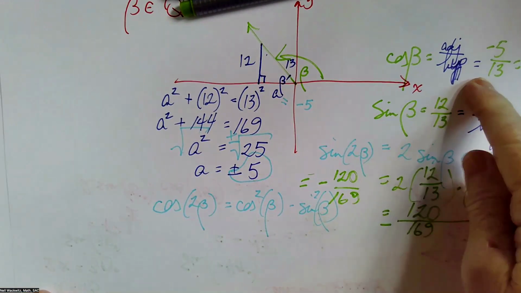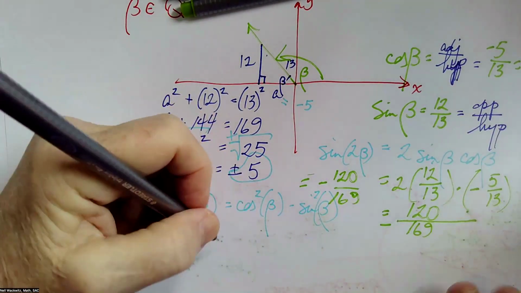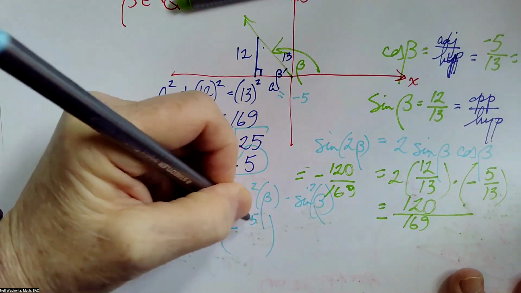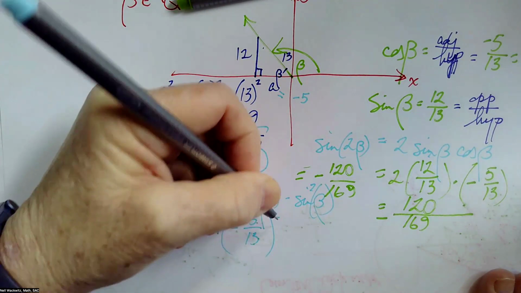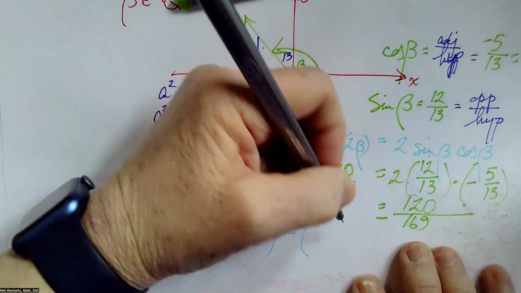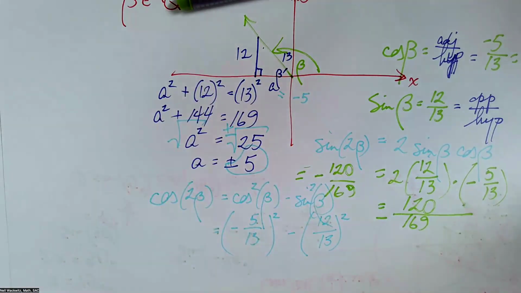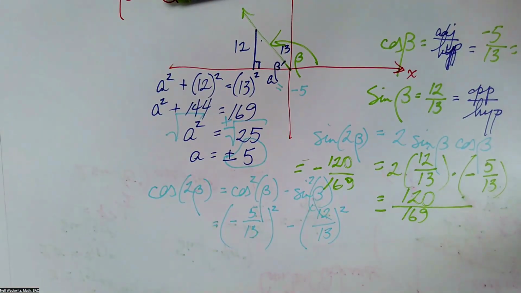We know what the cosine of beta is. So we've got negative 5 over 13 all squared minus 12 over 13 all squared. And when you square a negative number, do you always get a positive? Yes. Good.